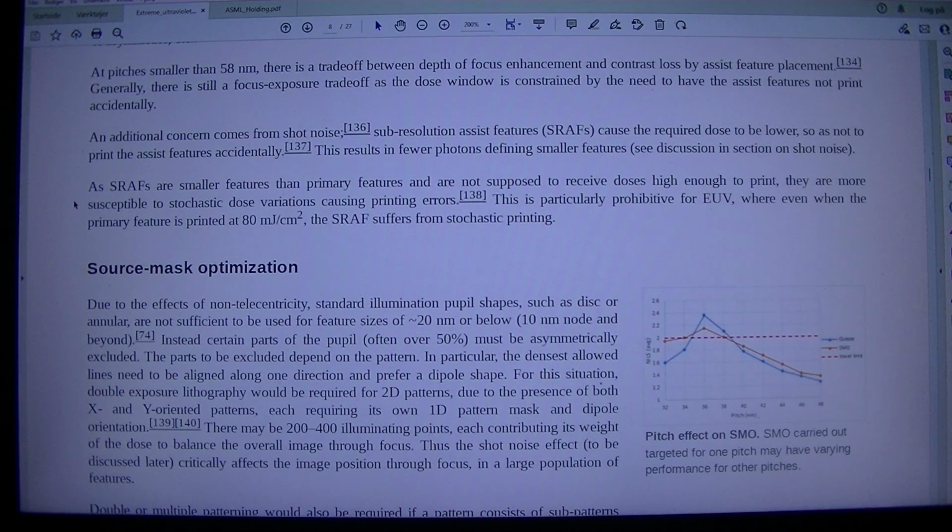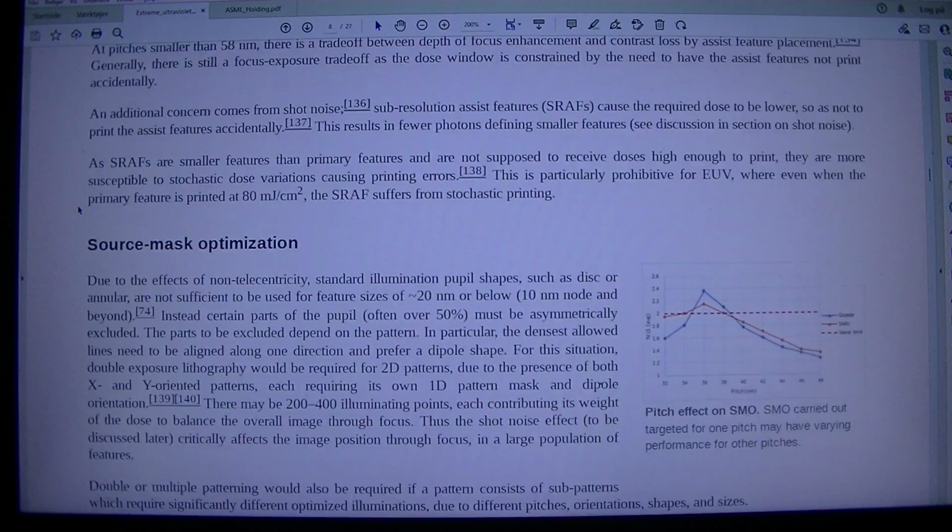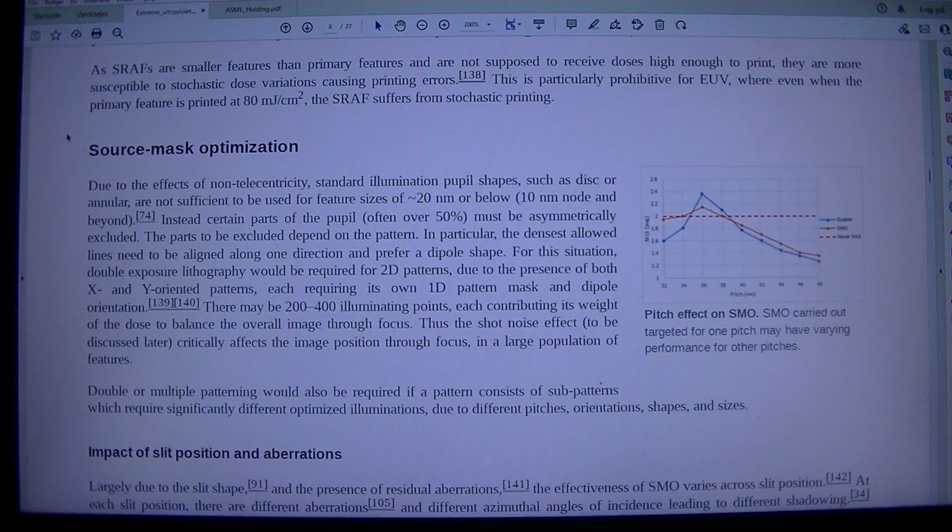As SRAFs are smaller features than primary features and are not supposed to receive doses high enough to print, they are more susceptible to stochastic dose variations, causing printing errors. 138. This is particularly prohibitive for EUV, where even when the primary feature is printed at 80 mJ/cm2, the SRAF suffers from stochastic printing.